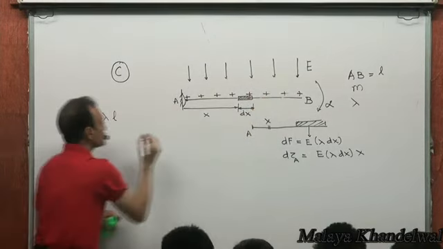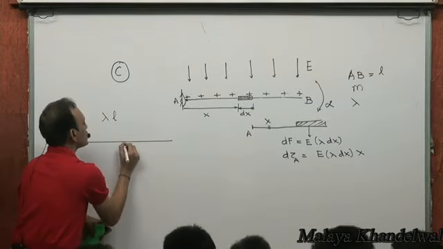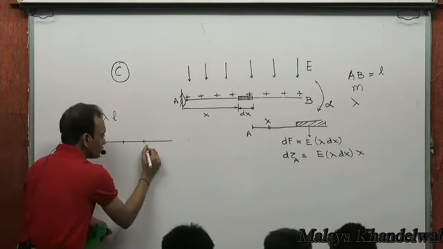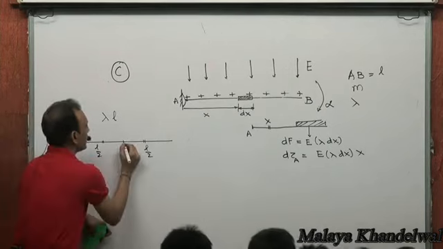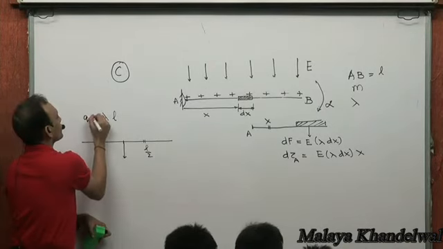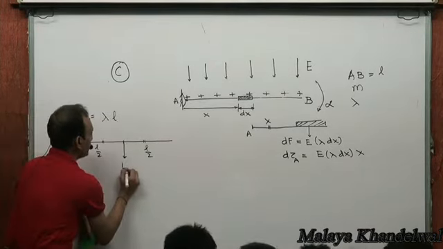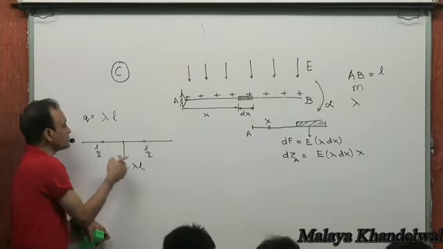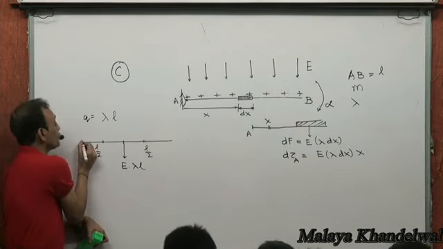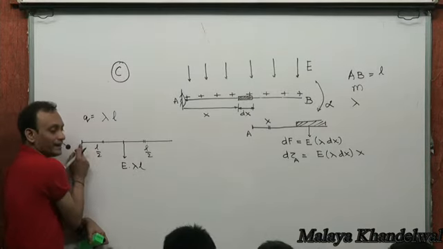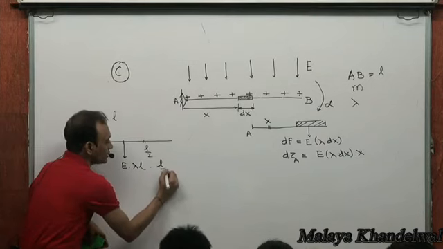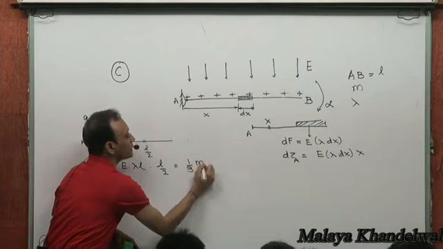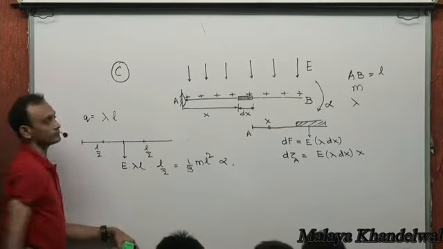Since it's uniformly distributed, we could imagine this entire charge to be at halfway down the rod, L by 2, and it experiences a force E times lambda L, E times the total charge. This force produces a torque E into lambda L into L by 2 about this end A, and that must be I about A, which is 1/3 mL squared into alpha.